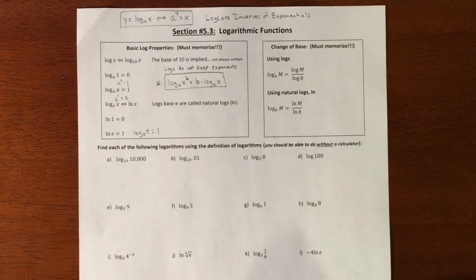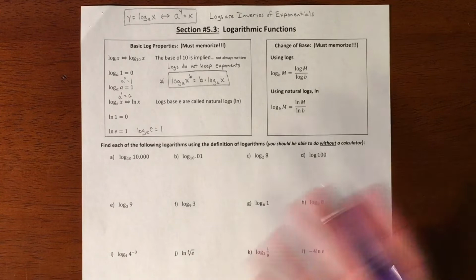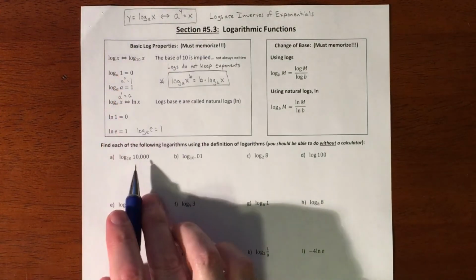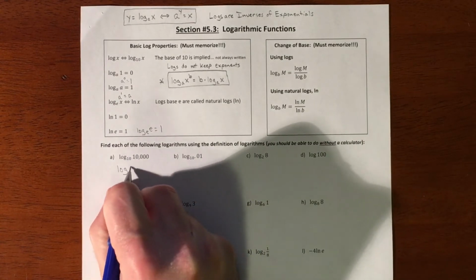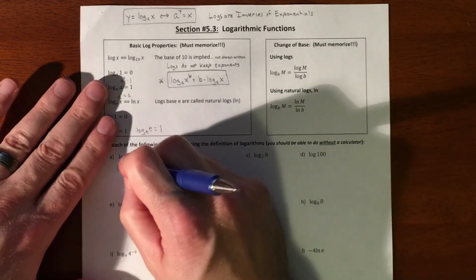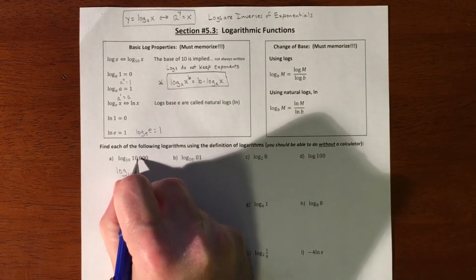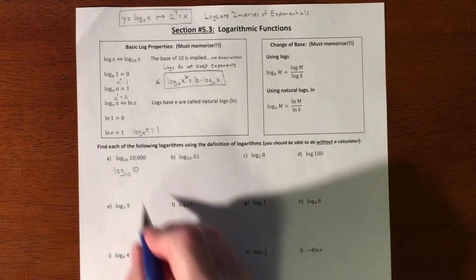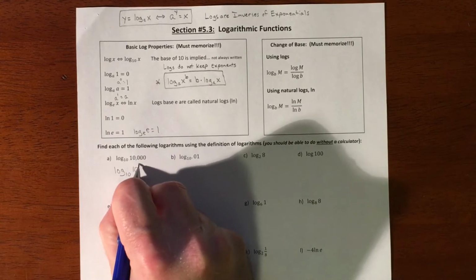Okay, so here's how this goes. If these are non-calculator problems, we are looking to rewrite this so that the base is 10. Most likely, if this is a non-calculator problem, it's a whole bunch of 10s. So 10,000 is 10 to the 5th.